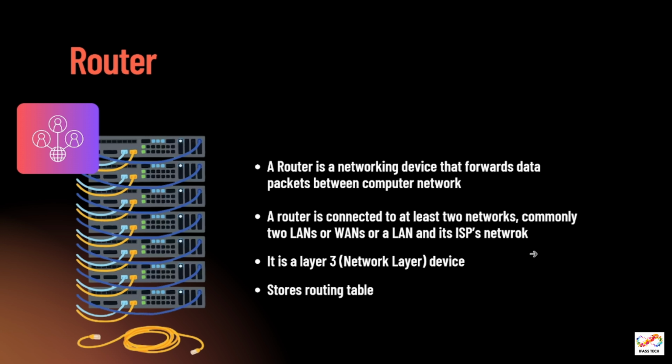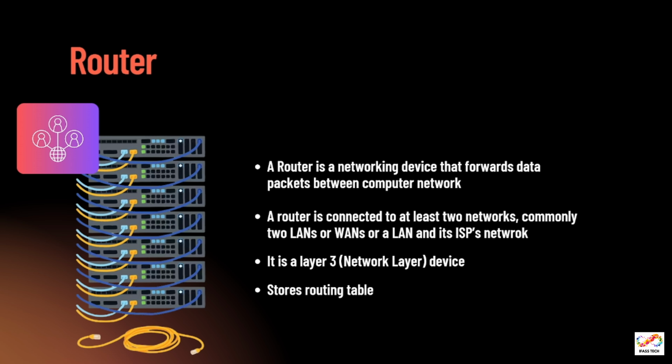Let's take a real life office example. Imagine we have a small office with 15 computers. If we only want to communicate inside the office, a switch is enough. If we want to provide internet access to all 15 computers, then our local network must communicate with the external network, which is the internet.